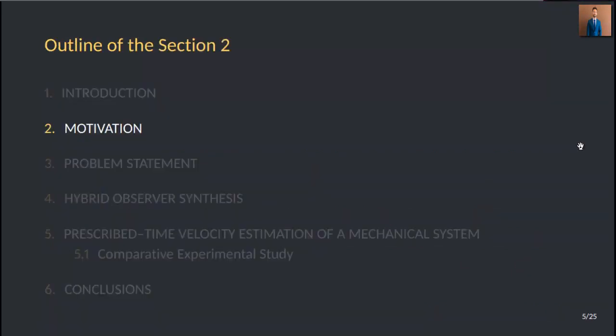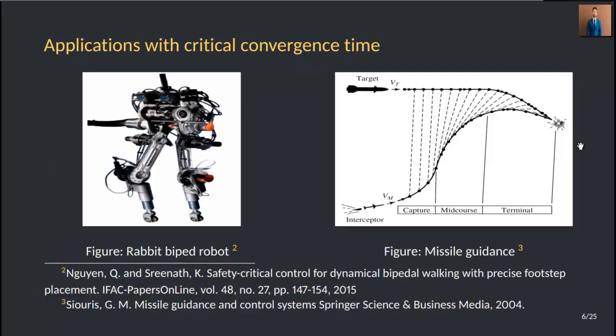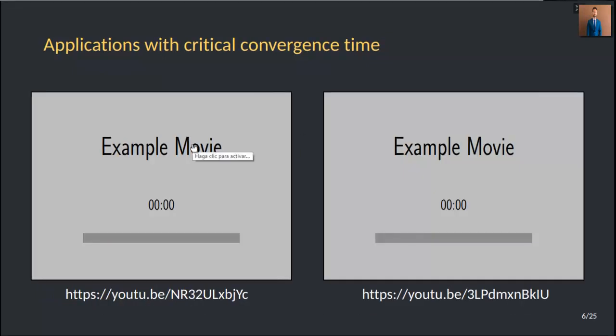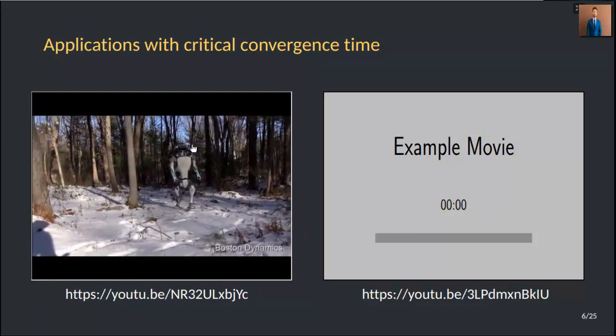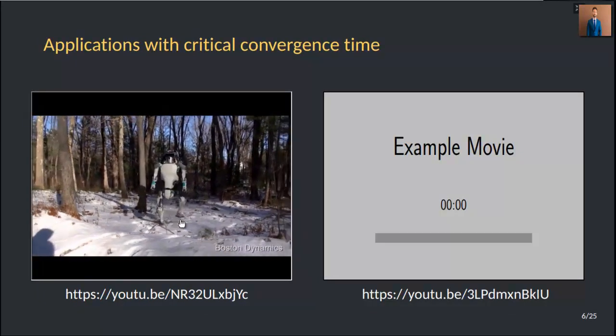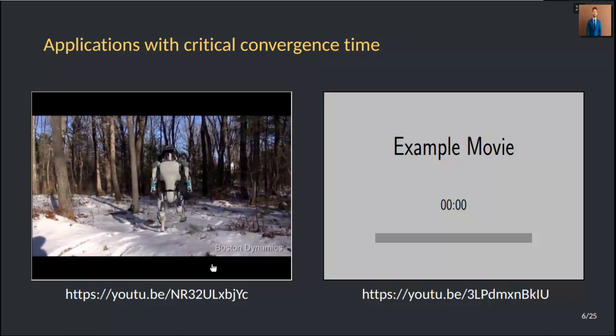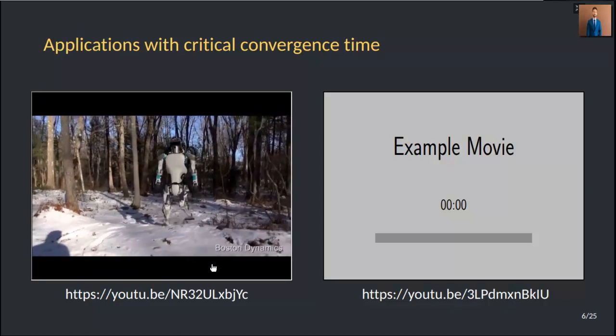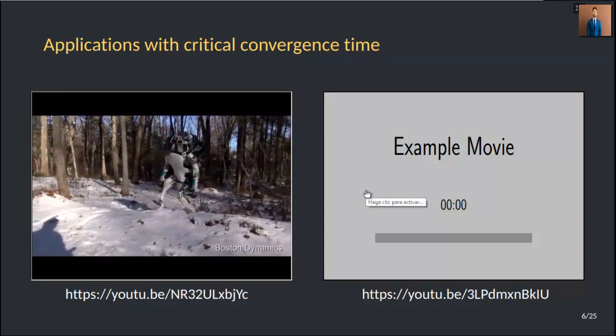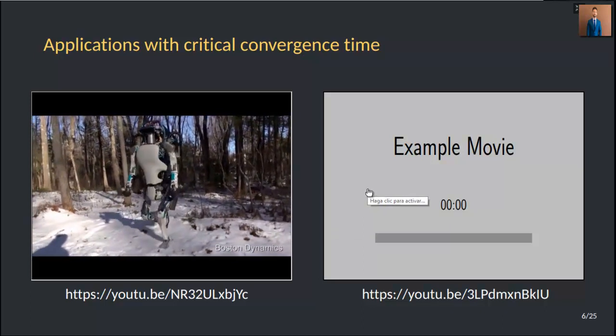So, what's the motivation behind the prescribed time observer design? There are some applications with critical convergence times, as I'm showing here in these 2 figures. For instance, in the walking of a biped robot, we need to recover information of the states before each step. So this is a critical time window that must be fulfilled.